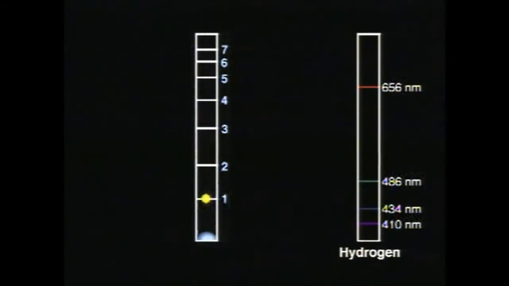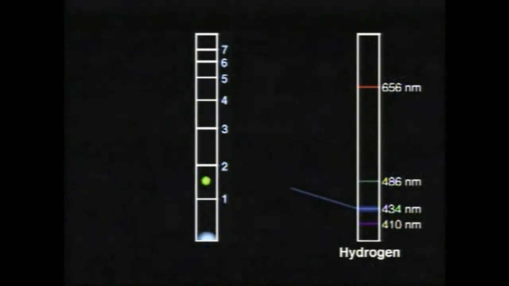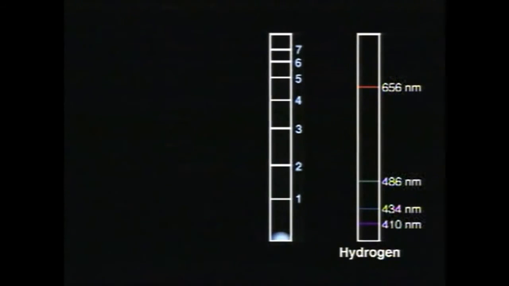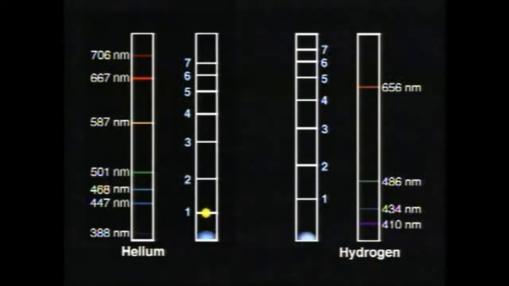When energized, the electrons move temporarily to higher energy levels. As the electrons fall back to lower energy levels, they lose energy in the form of light, which produces the characteristic spectrum of the element. Because we know that the emission spectrum for each element is different, we also know that the distances between energy levels must be different for every element.